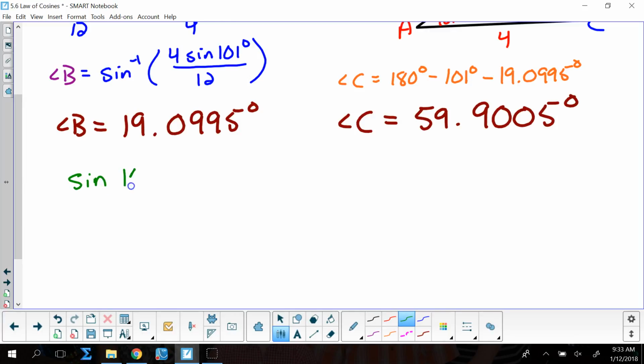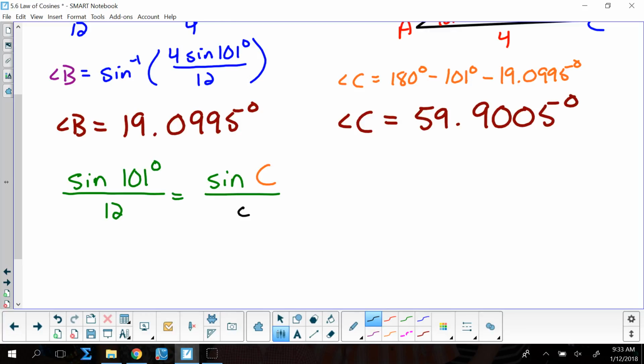Then that tells me that I can go the sine of 101 degrees divided by 12 is equal to the sine of angle C divided by side C. Okay.